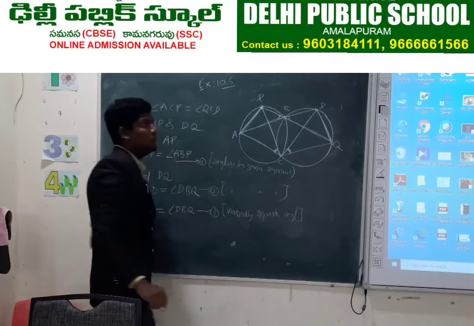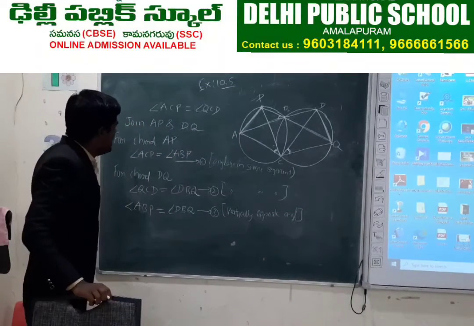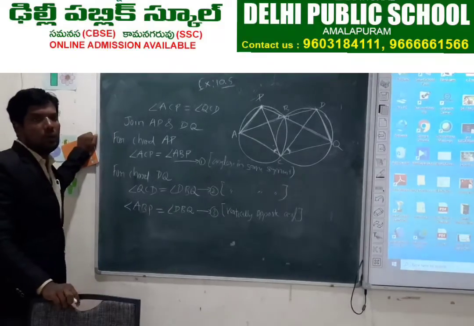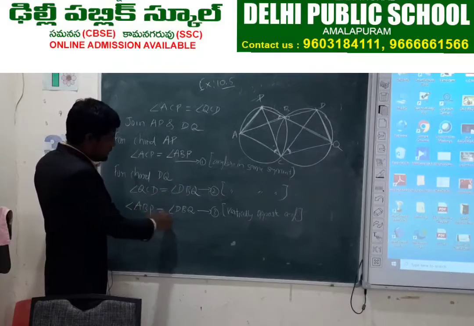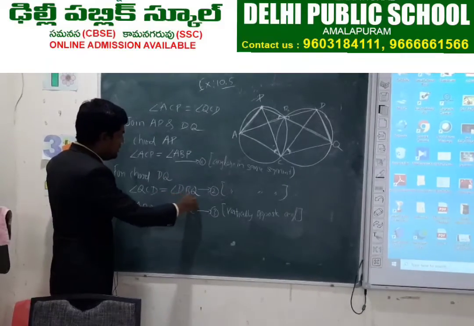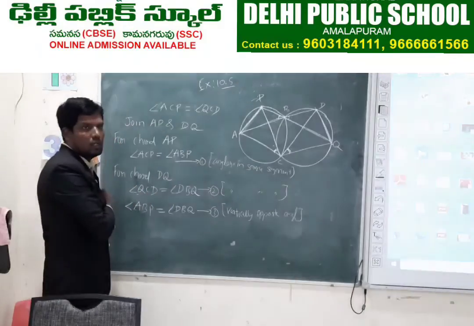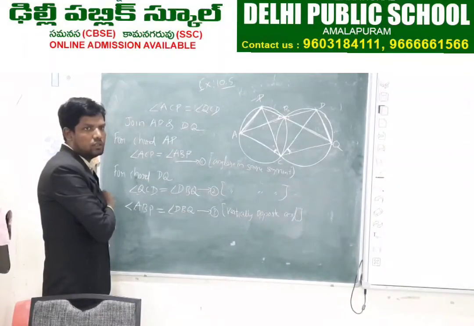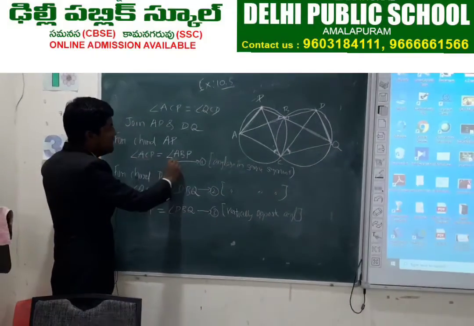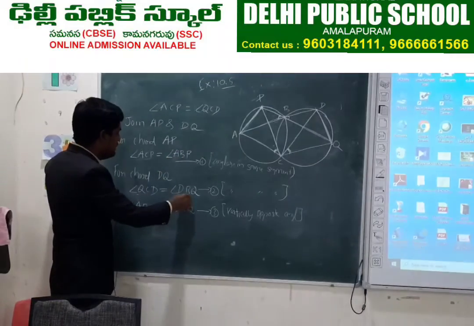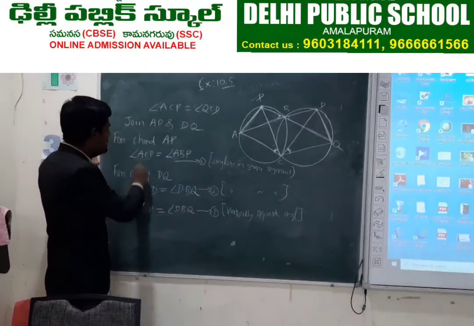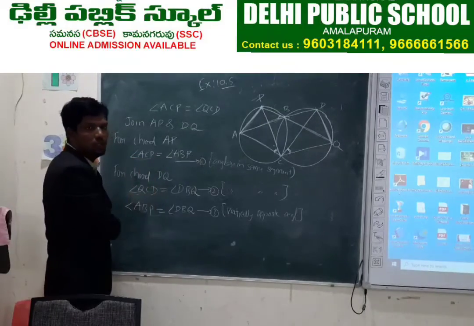See here, by looking at this, ACP is equal to ABP, ABP is equal to DBQ, DBQ is equal to QCD, right? Understood, Srijan? It means we can write ACP is equal to QCD, right?